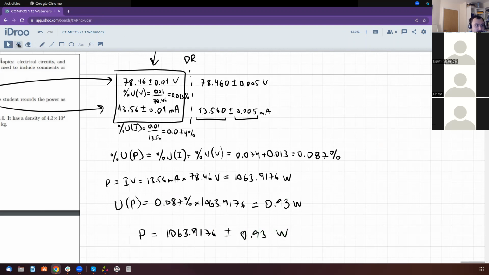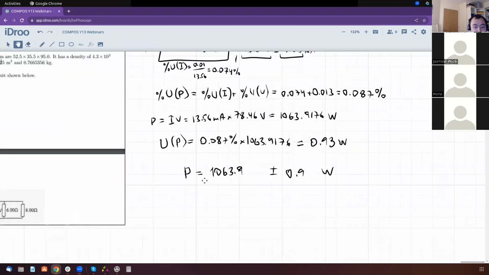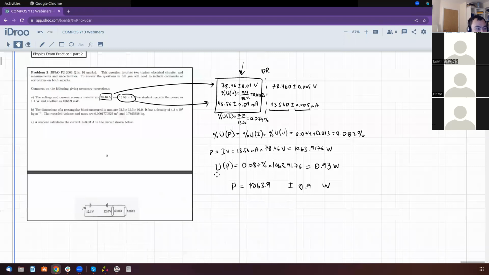And now we apply the rules. I prefer to write it down like this and then say, well, look, the uncertainty has to be one significant figure, so we cross out the 3. And then the value has to be rounded to the same decimal places, so we cross out this. So the answer is 1063.9 plus or minus 0.9.